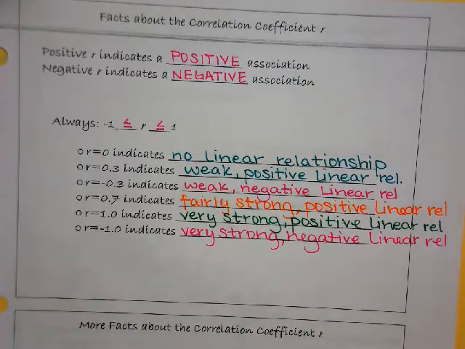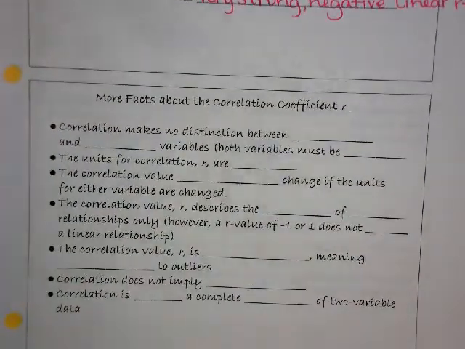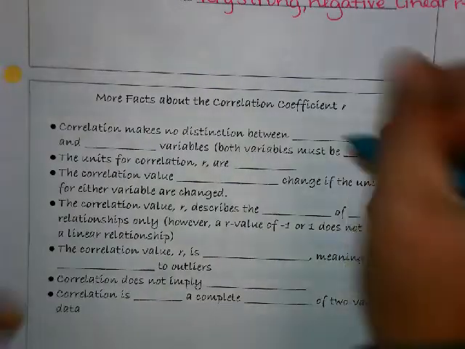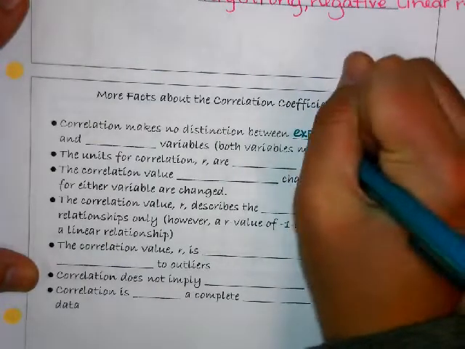But these are where you really want to pay attention. So correlation makes no distinction between explanatory and response. So if you switch your X and your Y, you should end up with the same R value.